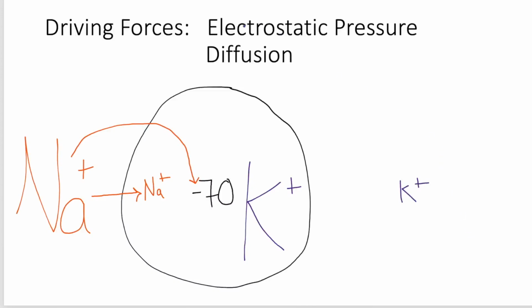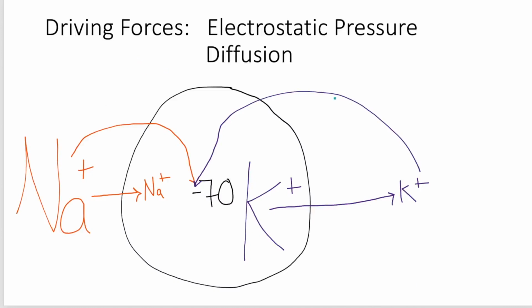But let's look first at electrostatic pressure. Based on just electrostatic pressure, ignoring diffusion, this positive ion, just like sodium, is attracted to the negative inside of the cell. So if we ignore diffusion, electrostatic pressure wants potassium to go into the cell. However, we have a lot more potassium inside the cell than outside the cell. So diffusion would push potassium from a high concentration to a low concentration.